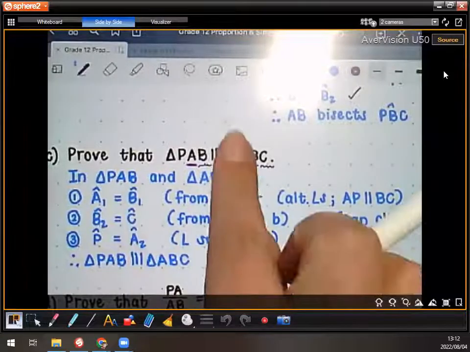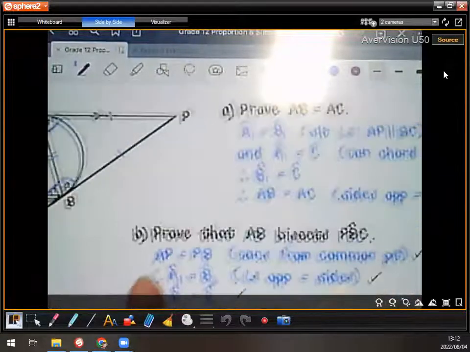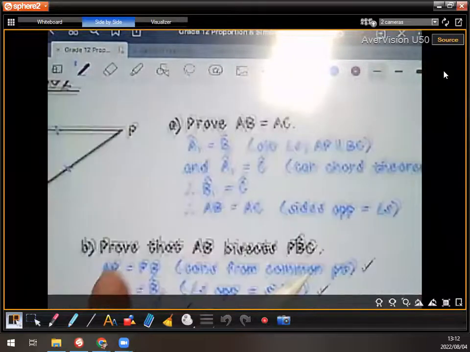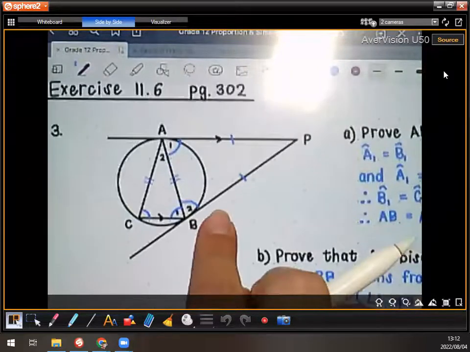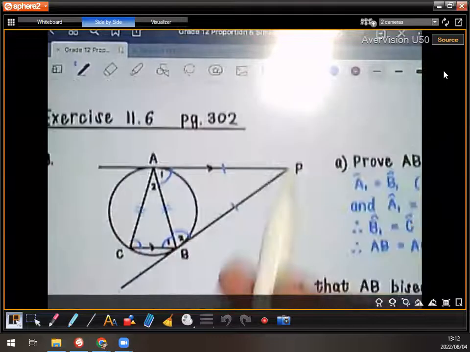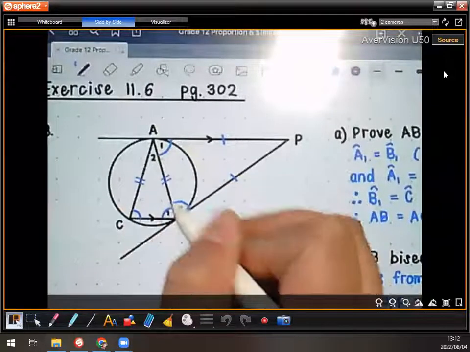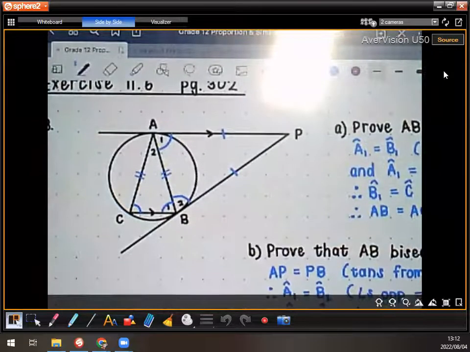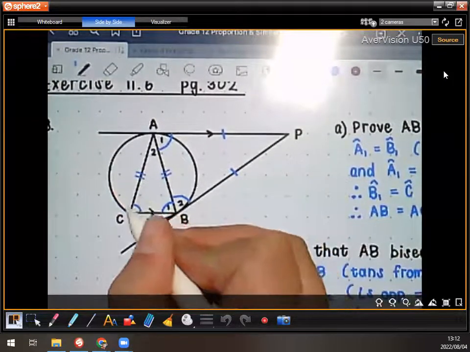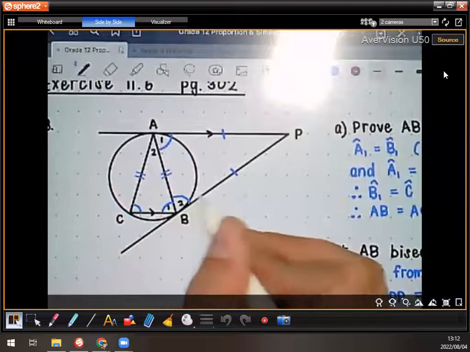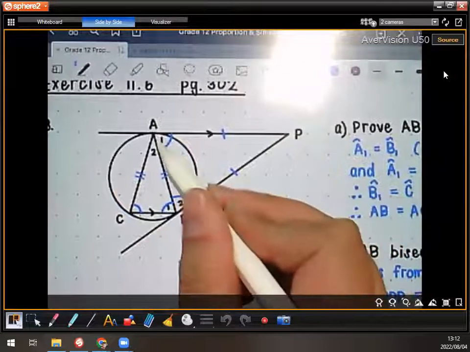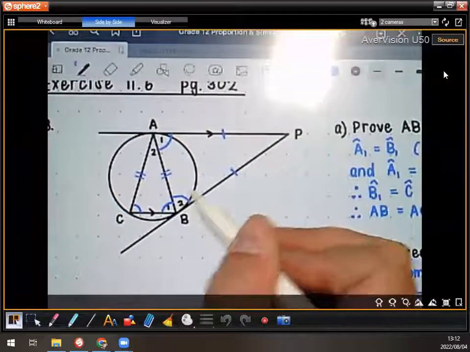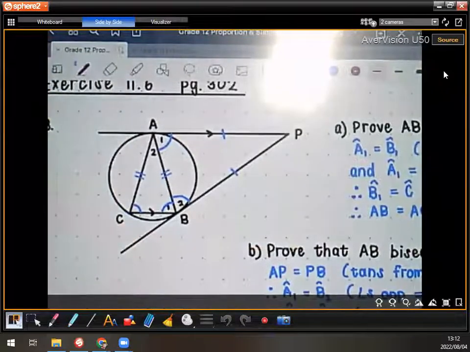So A1 was equal to B1 because we proved it up there, we wrote it out already, but maybe if you haven't, then do we agree that A1 is equal to B1 because of alternate angles there? Then B2 is equal to angle C because of tan chord. The angle between the tangent and the chord, B2, is equal to the angle subtended by that chord, which is C. And then the third angle, you can just say that they're going to be equal to each other.